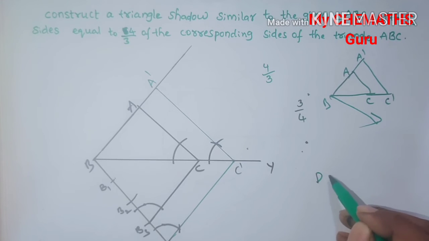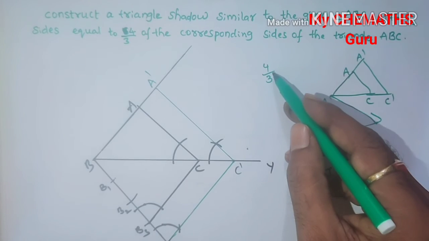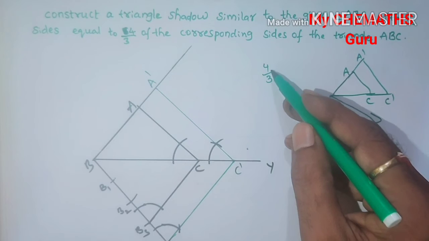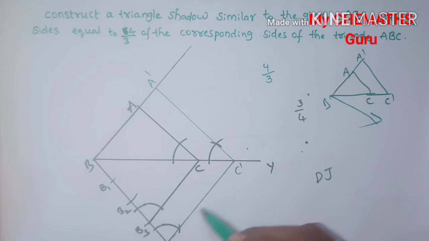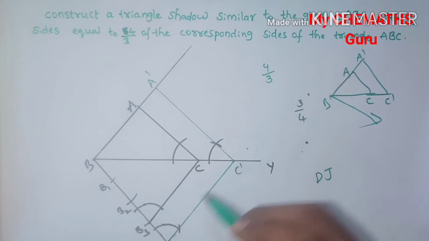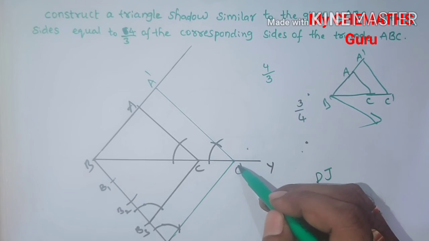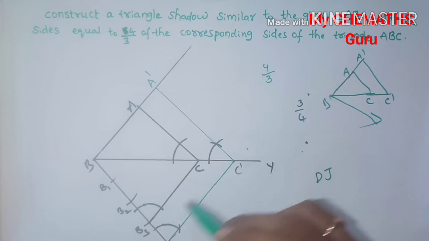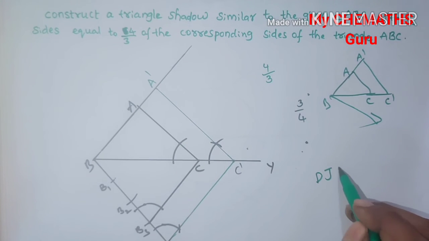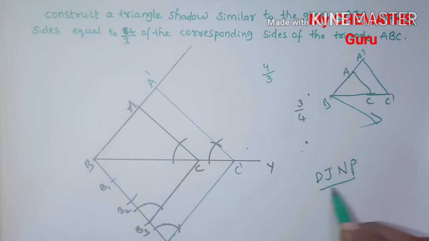Through the numerator, that is B4, draw a parallel line to B3C. We got B4C dash parallel to B3C.